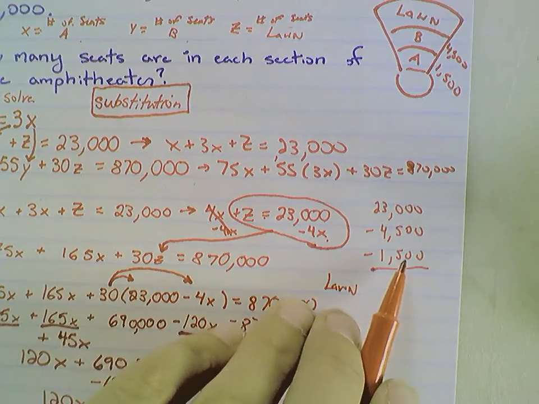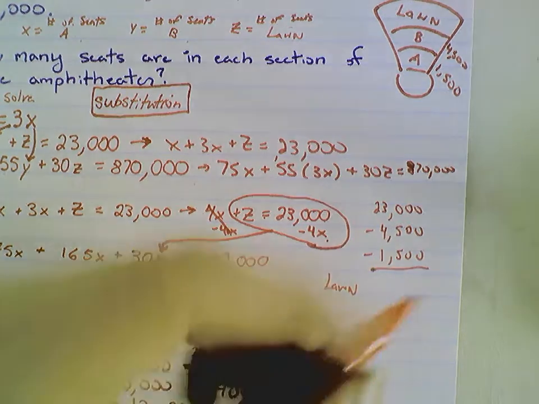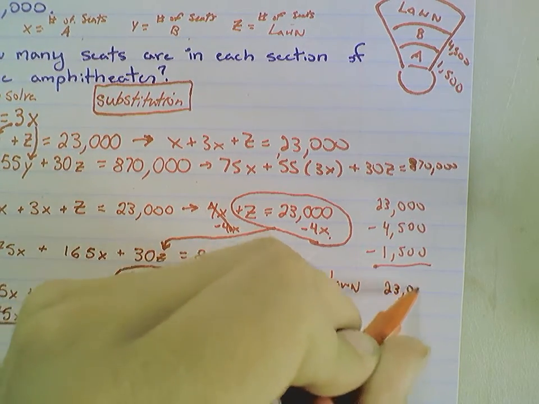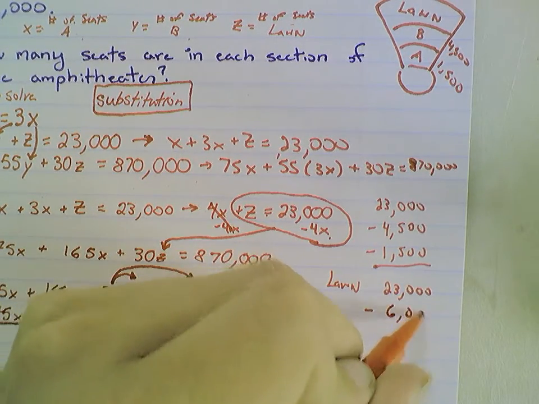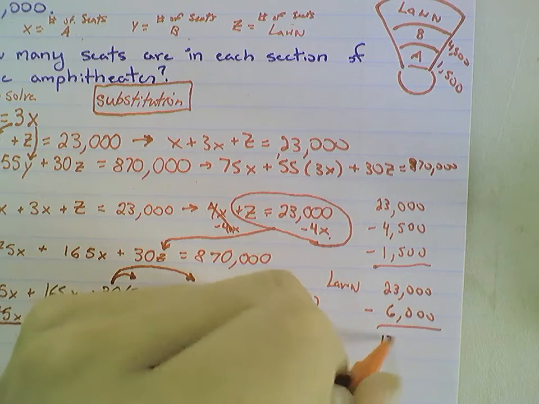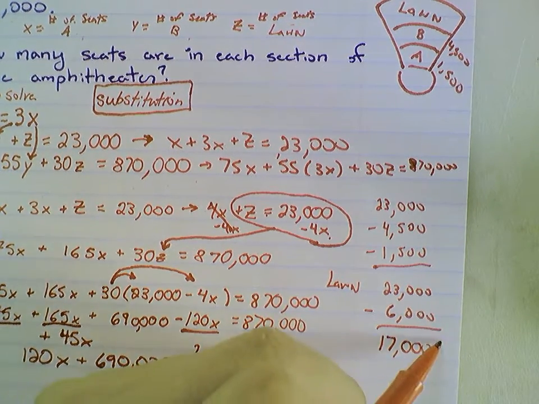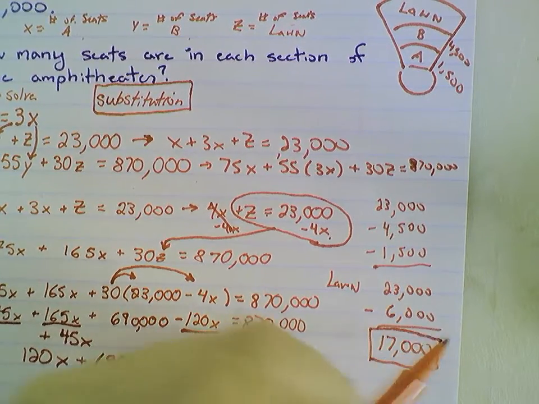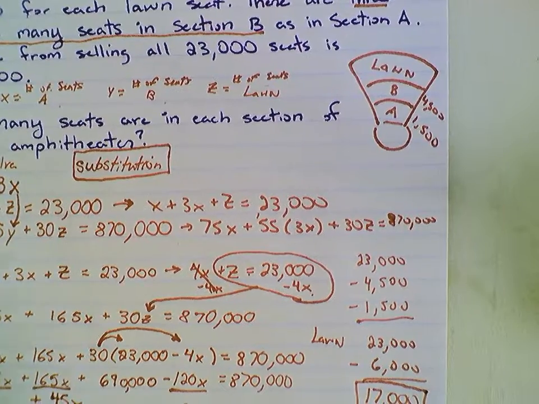So notice that if I subtract these two values, I can put them together. So I'm really taking 23,000 minus 6,000, which will leave me with 17,000 seats.